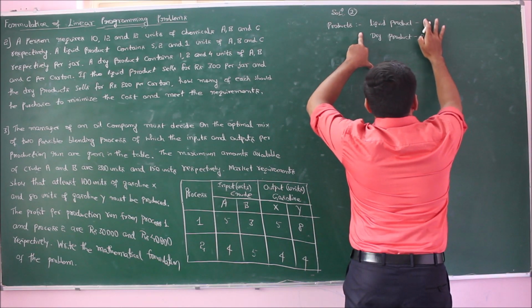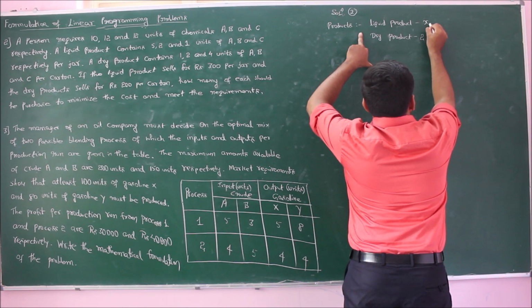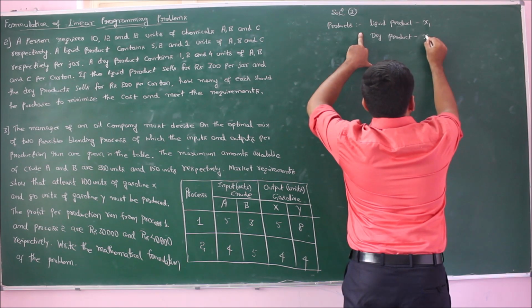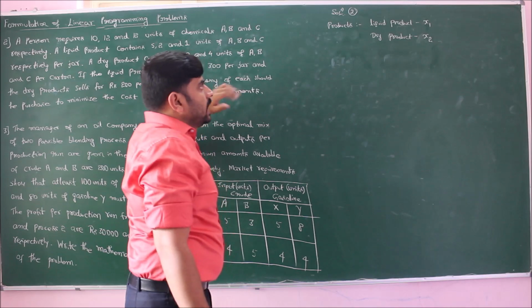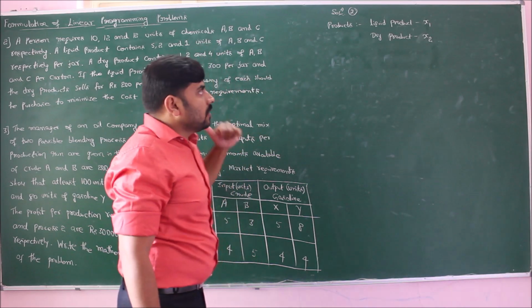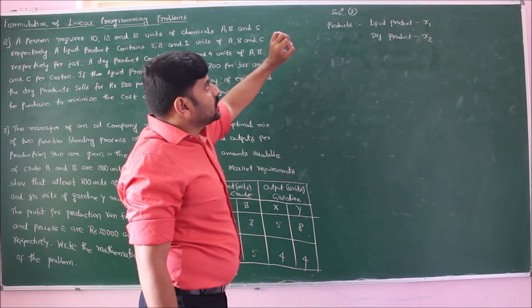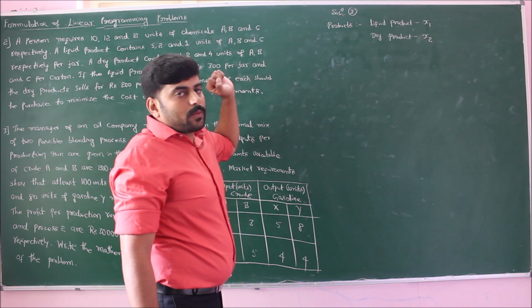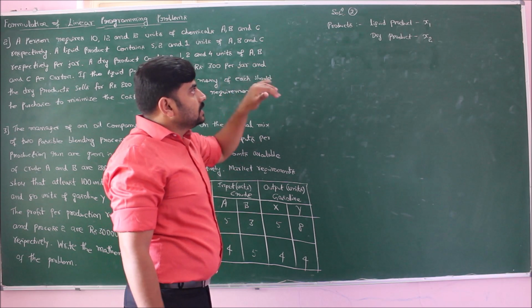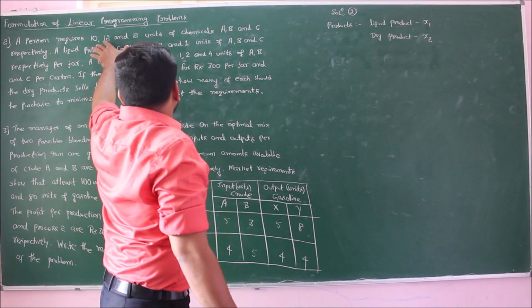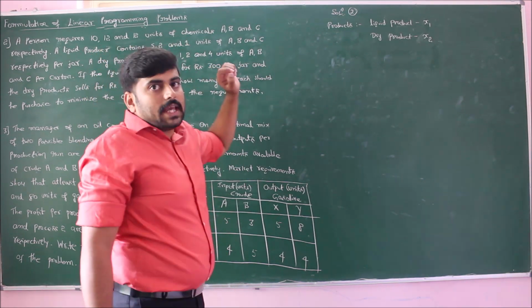Since we want to formulate this problem, let us denote them as x1 and x2. x1 corresponds to the liquid product and x2 corresponds to the dry product. Now our objective is how much of product x1 he should purchase and how much of product x2 he should purchase, thereby getting these amounts of chemicals A, B and C.